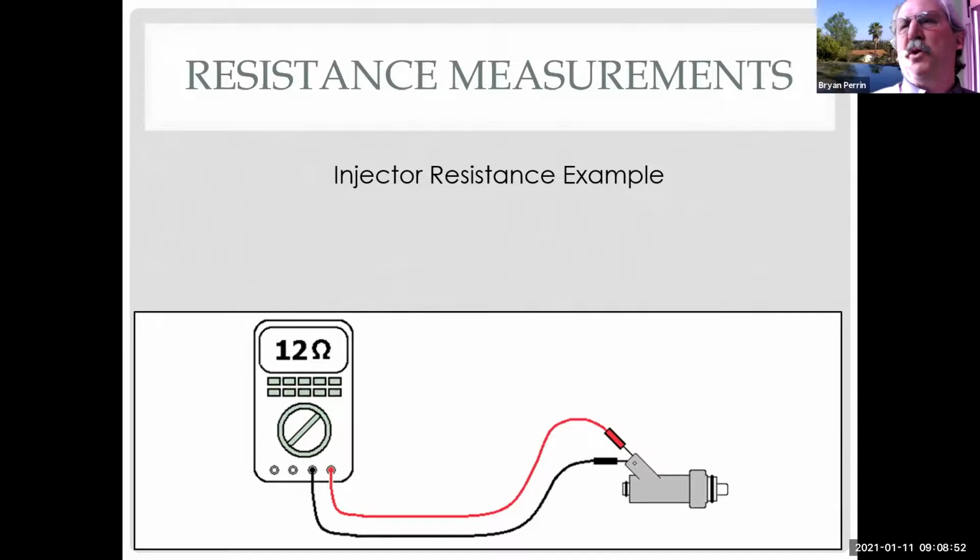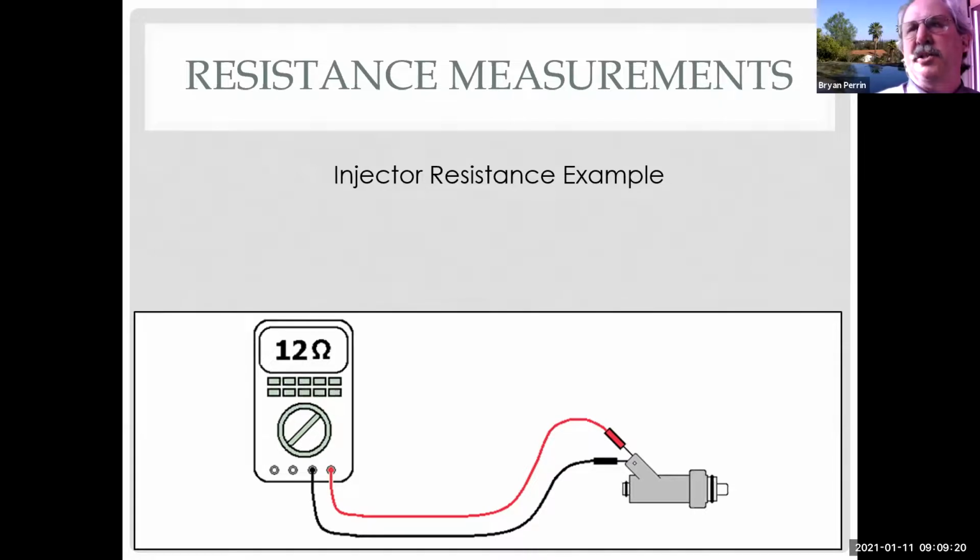That's why we would use voltage drop, because then I could back probe it and go, wait a minute, if I have all my 12 volts going to the injector, but I'm not getting enough current flow, the injector has to have too high a resistance. You see how I can figure that out using volts and current without actually measuring resistance. And that's what I mean by we really don't measure resistance that much anymore because things change.